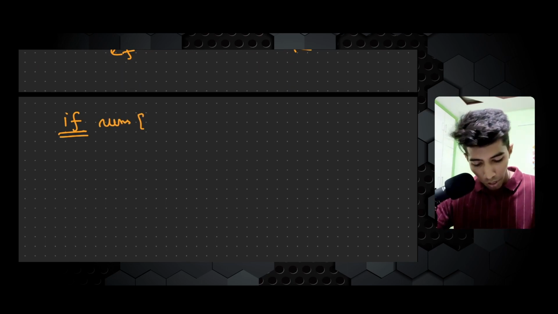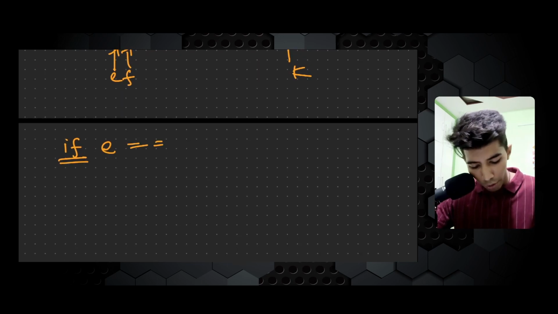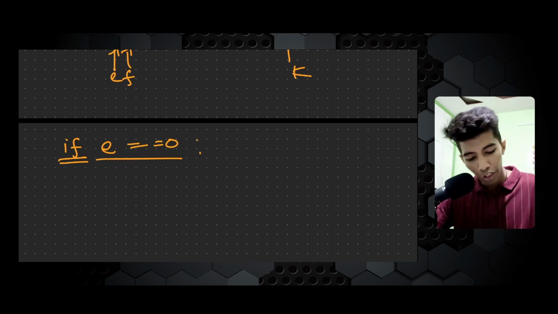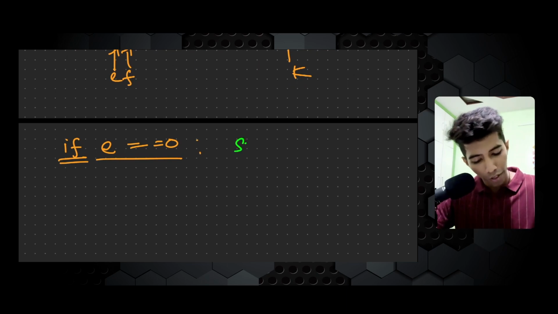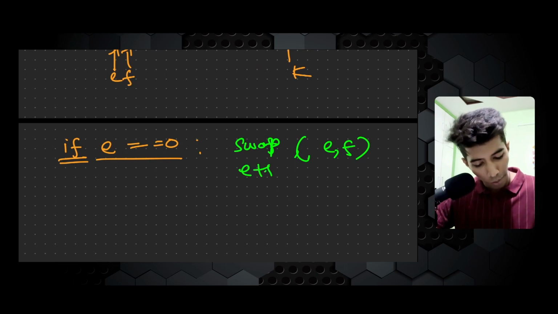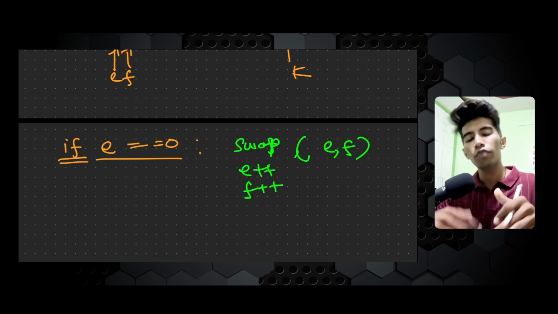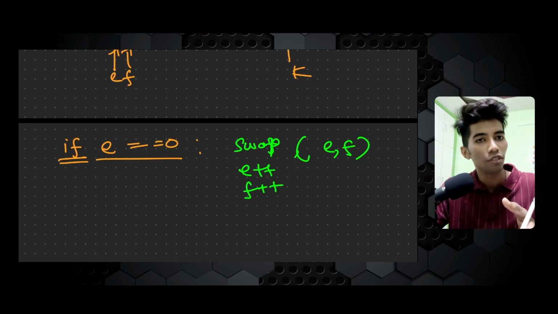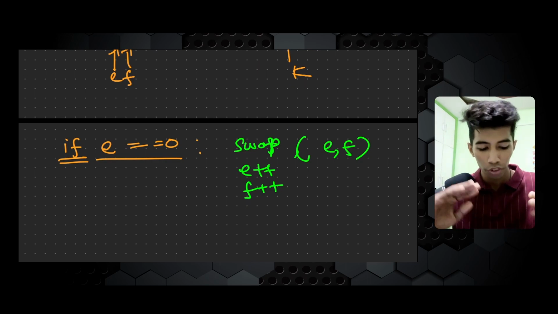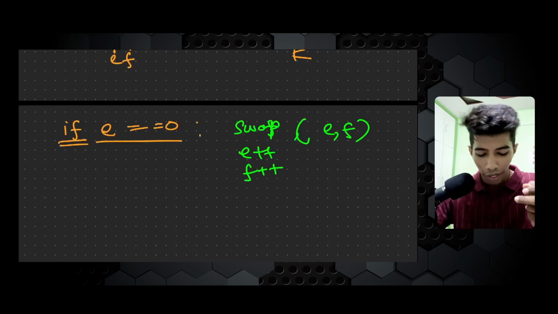In the first condition, if my E is equal to 0, then what do we have to do? Again you have to swap E and F, and increment both. We already saw this in the last question. This was the same condition that we are encountering again.